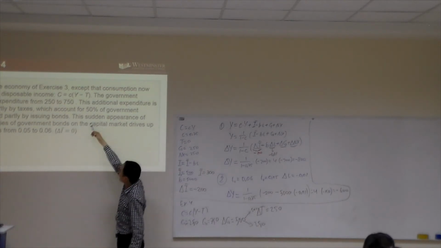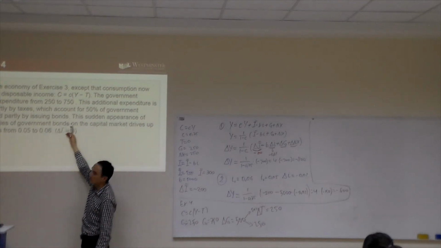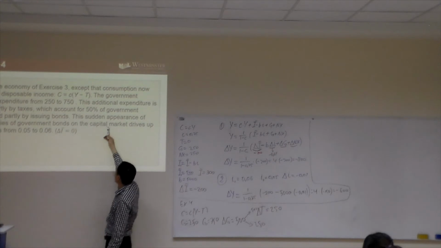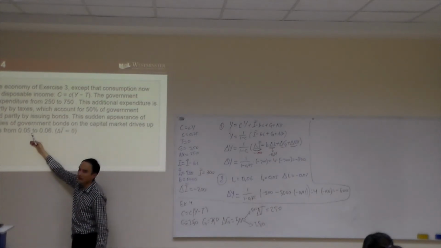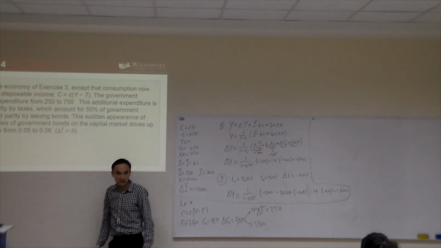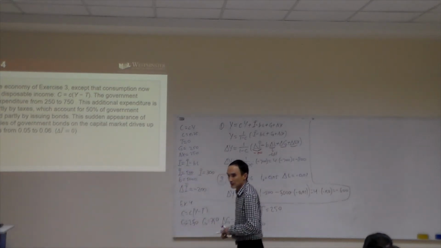Look. This sudden appearance of huge quantities of government bonds on the capital market drives up the interest rate from 5% to 6%, right? Because now there is less money in the market, in people's hands.